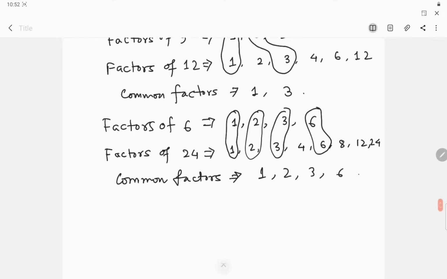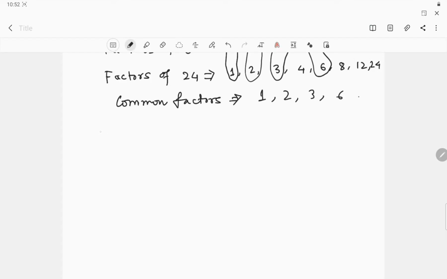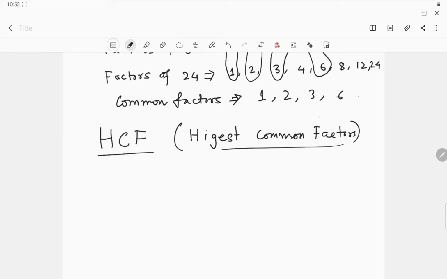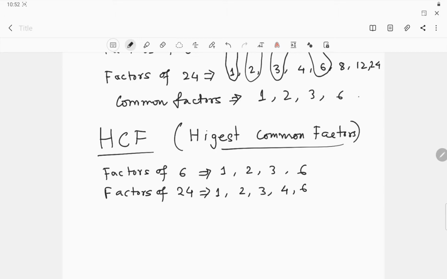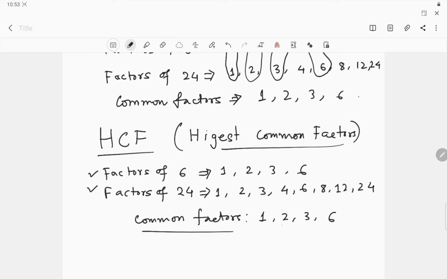Now the interesting topic I'm going to discuss is HCF, that means highest common factor. If I take the previous example, factors of 6 and factors of 24, you write the factors of those numbers, then the common factors: 1, 2, 3 and 6.